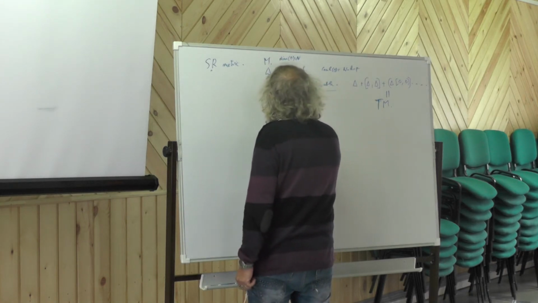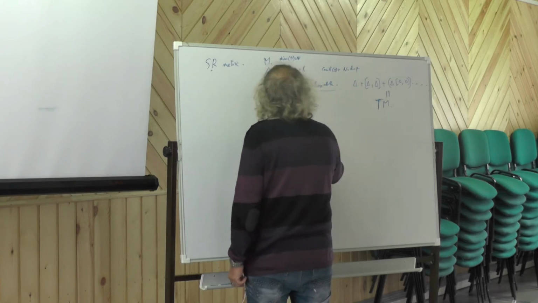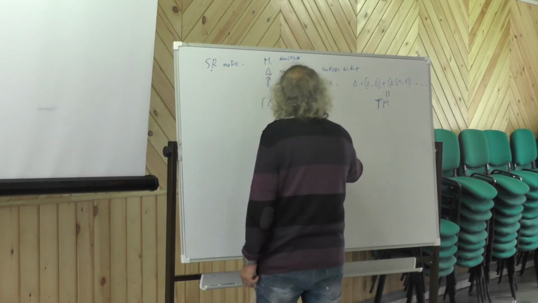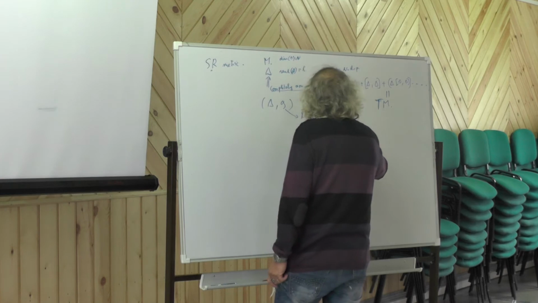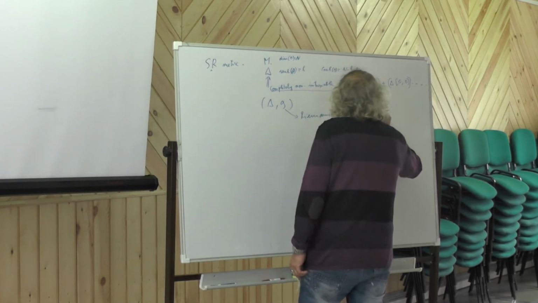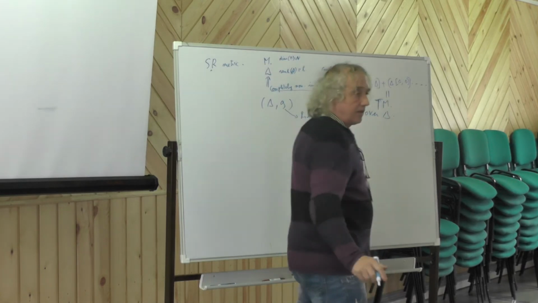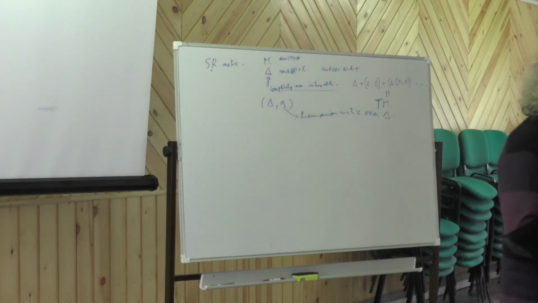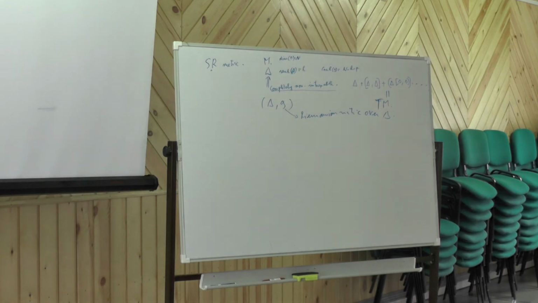So I am given delta, and I am given G, and what is G? G is a Riemannian metric over delta, which means that I can measure the length of tangent vectors to a curve, provided that these tangent vectors are in delta.